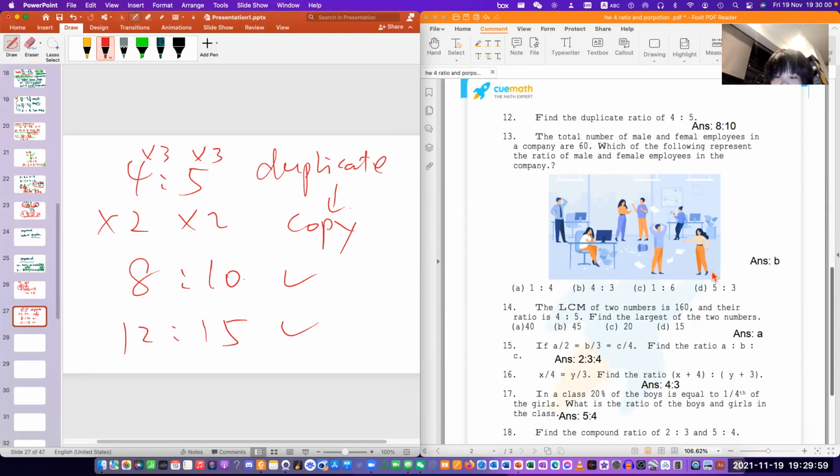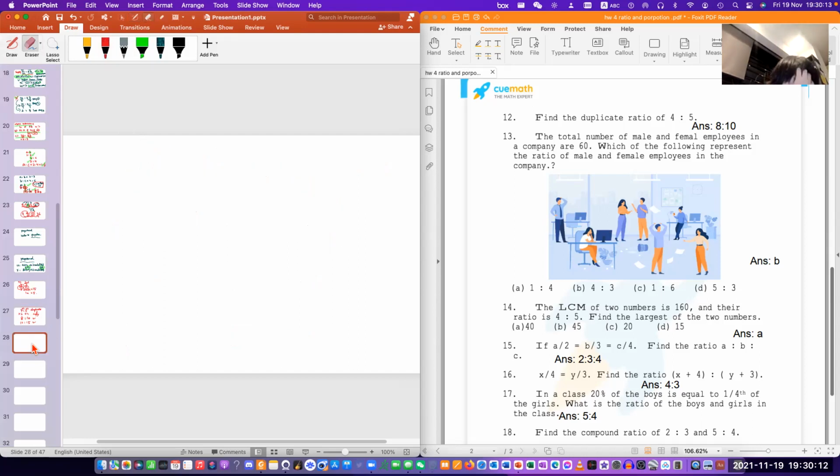Okay. 13. The total number of male and female employees in the company is 60. That means they total up to 60. Which of the following represents the ratio of male and female employees in the company? So over here, you know what they want to test you? If total is 60, for number of people, you cannot have a decimal number.